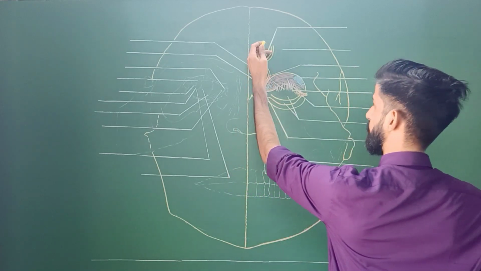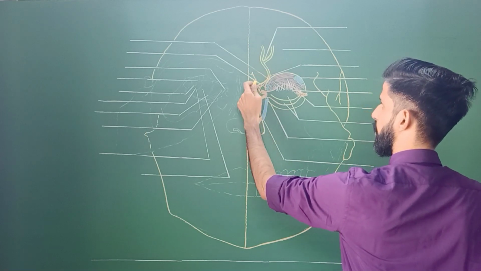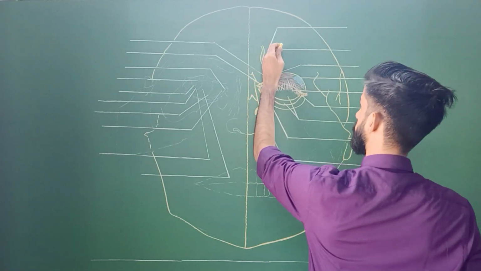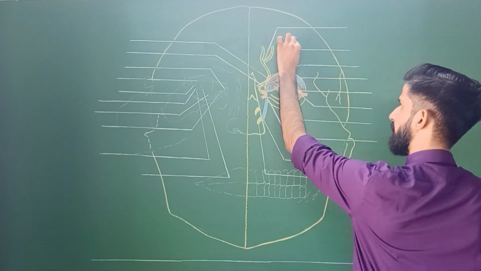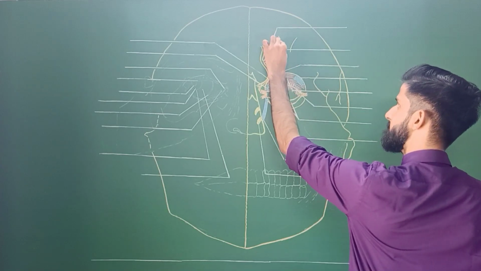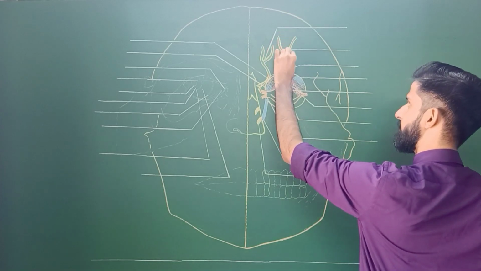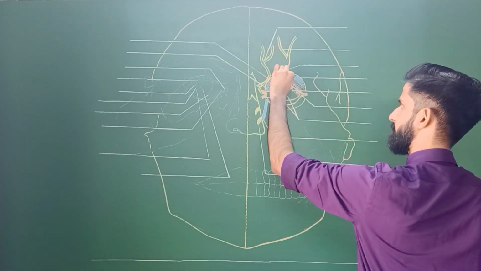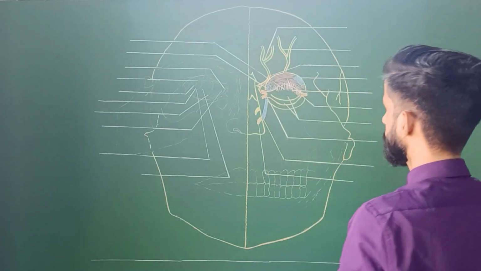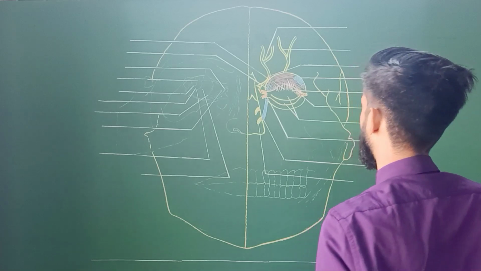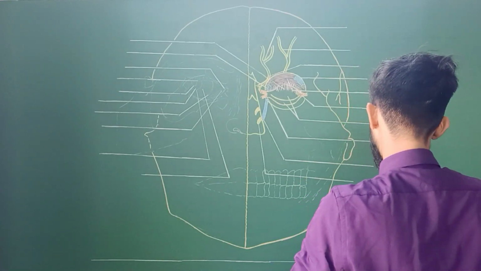So this will be supratrochlear nerve and this will be infratrochlear nerve followed by supraorbital nerve. Alright, once the supraorbital nerve is done, let us come down to few more bony extensions.